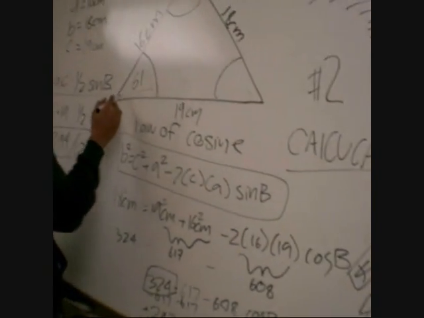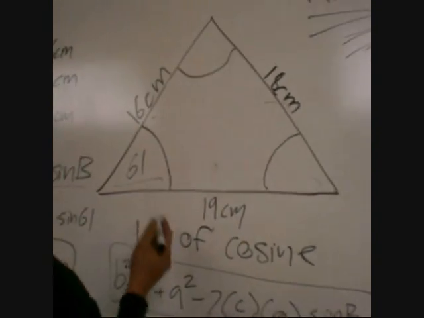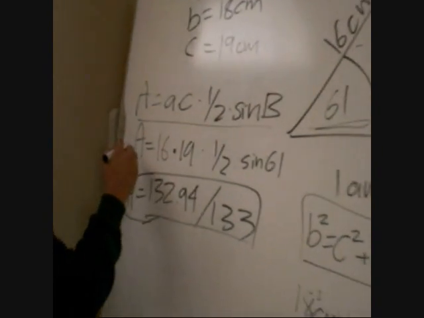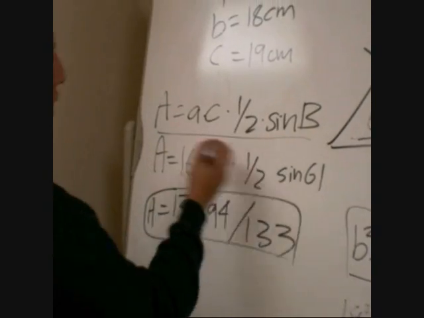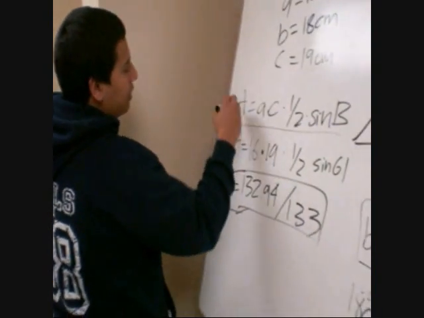Once you have 61 right here, you're pretty much ready to find the area, because you have the sides and the angle. So this would be the format of the formula.